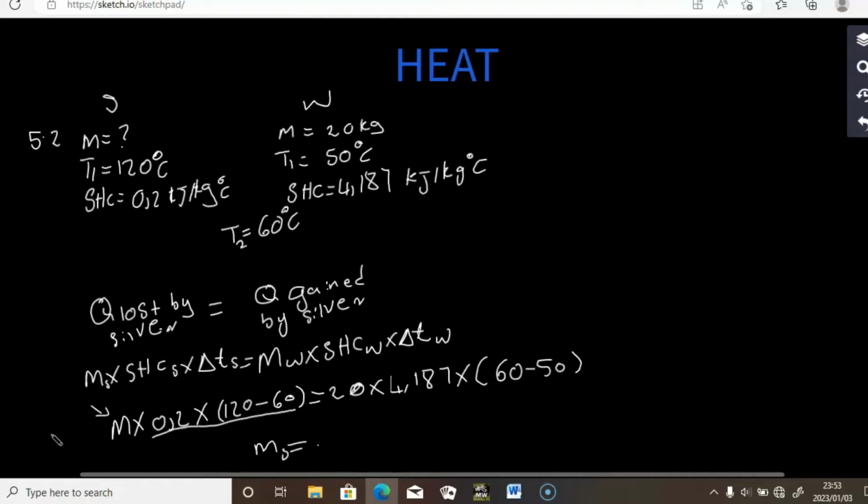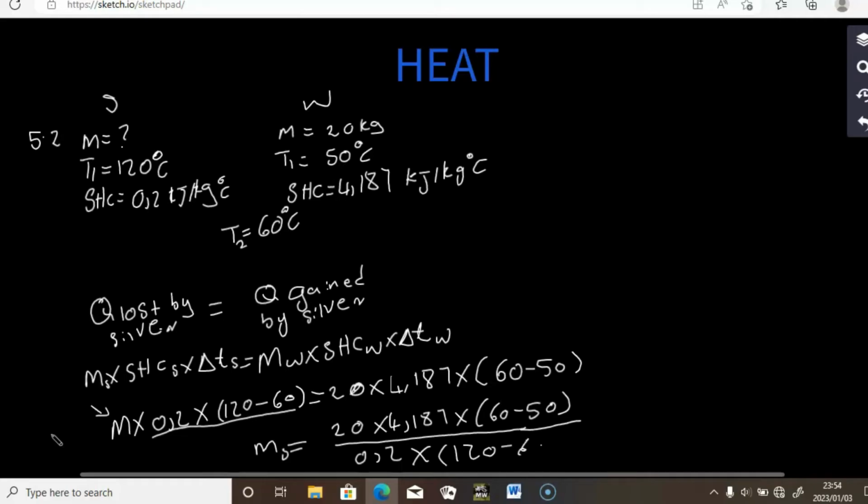Mass of silver is equal to 20 times 4.187 times 60 minus 50, divided by 0.2 times 120 minus 60.